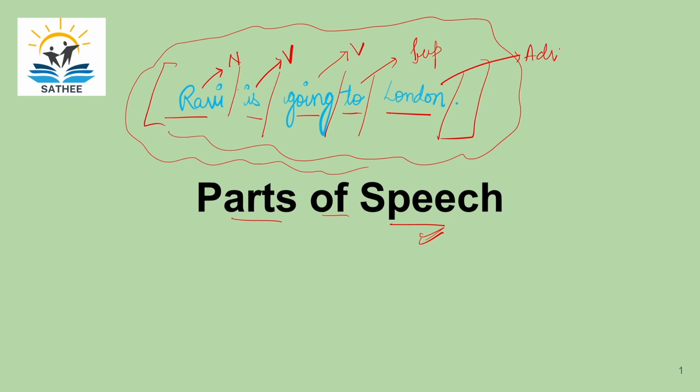Well, here it is an adverb. Now look at these different words, and each word has its own identification. These are called parts of speech. The words we are stating over here, that is noun, verb, all these are parts of speech. It means parts of speech create a sentence.